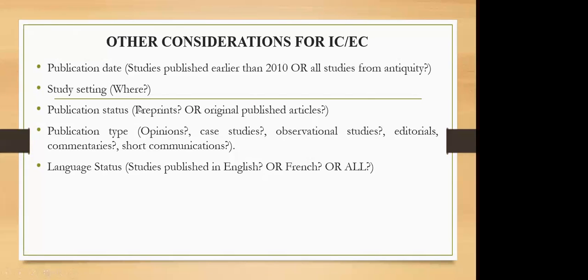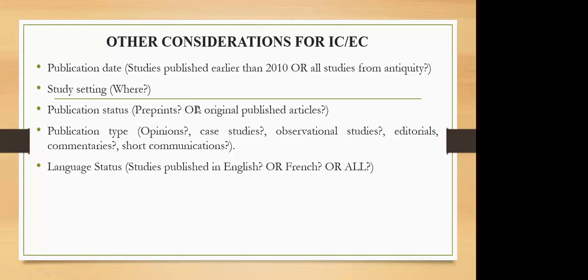So what did we do? We needed to include them as part of our study selection. In our inclusion criteria, we would say yes, preprints are going to be allowed, given the nature of the availability of studies.